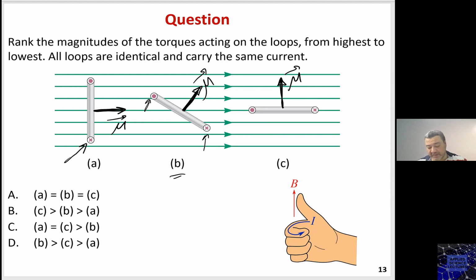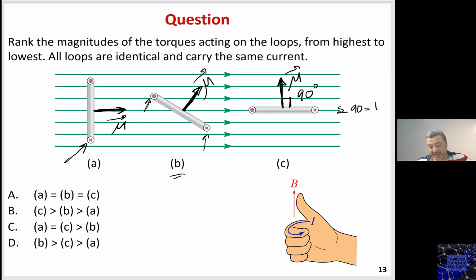And in all cases, we have a maximum torque when the loop is parallel to the magnetic field, which is this case. Why? Because here, if you look at the angle between the magnetic dipole moment and the magnetic field, the angle is 90 degrees, where I have sine 90 degrees equals 1.